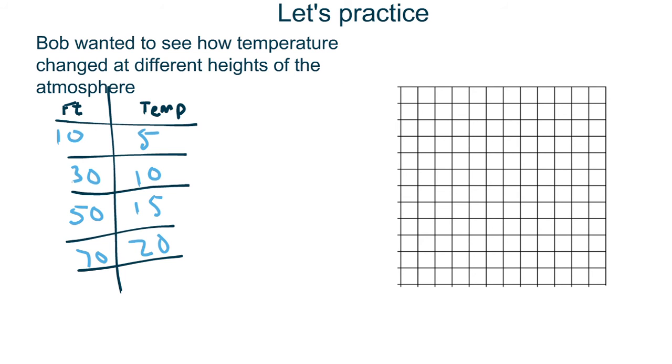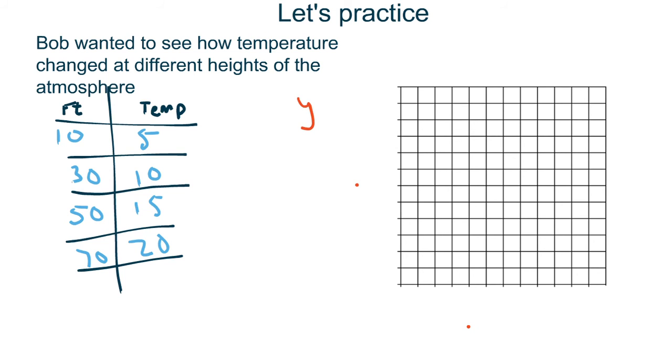So let's practice. I give an example here. It says Bob wanted to see how the temperature changed at different heights of the atmosphere, different heights above the ground. So we have to ask ourselves, what do we need on a good graph? We need our x-axis and we need our y-axis. Your y-axis is the dependent variable.